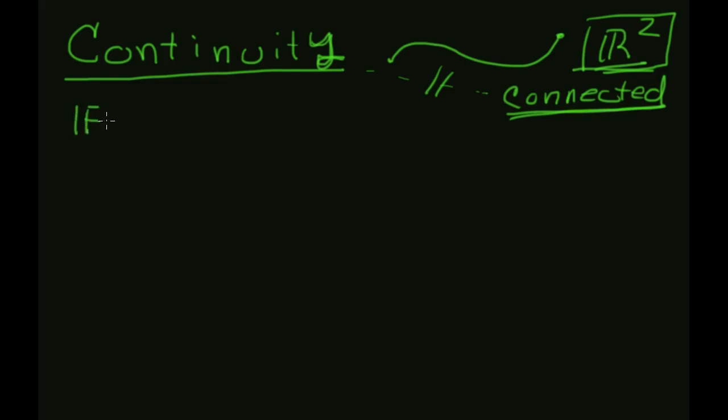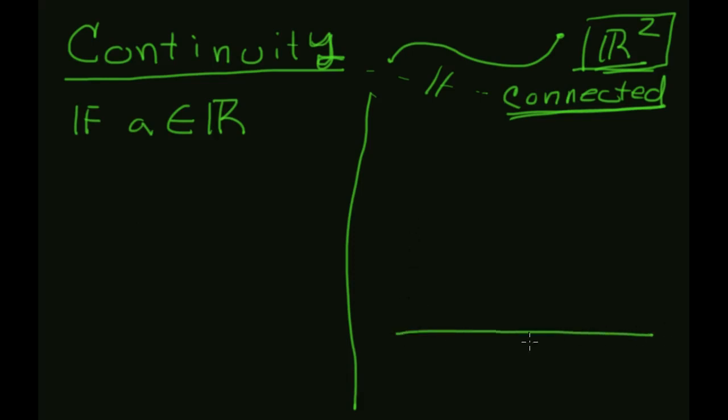So we're going to pick an x value. We're going to call it a, and a is going to be a real number. Okay, so I'm going to put the definition over here, and I'm going to build a graph over here a little bit. Here's my x-axis, and I have some value a.